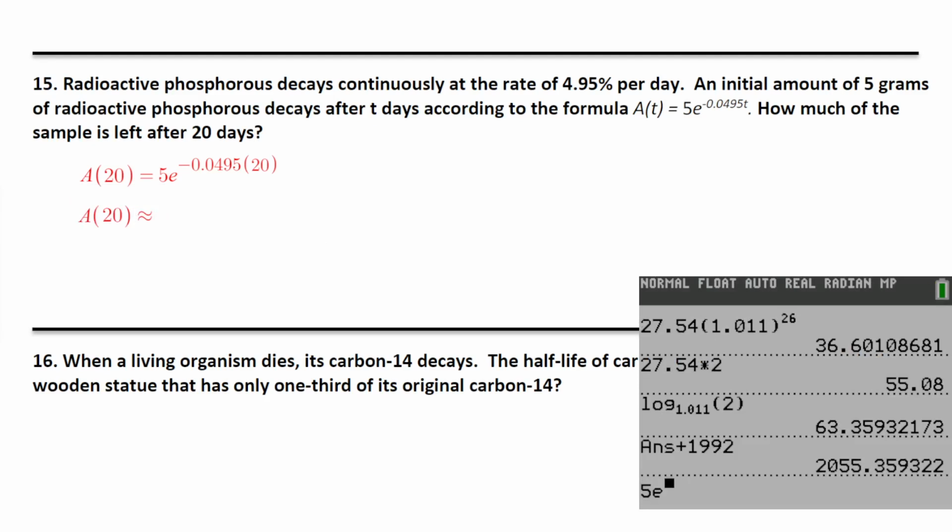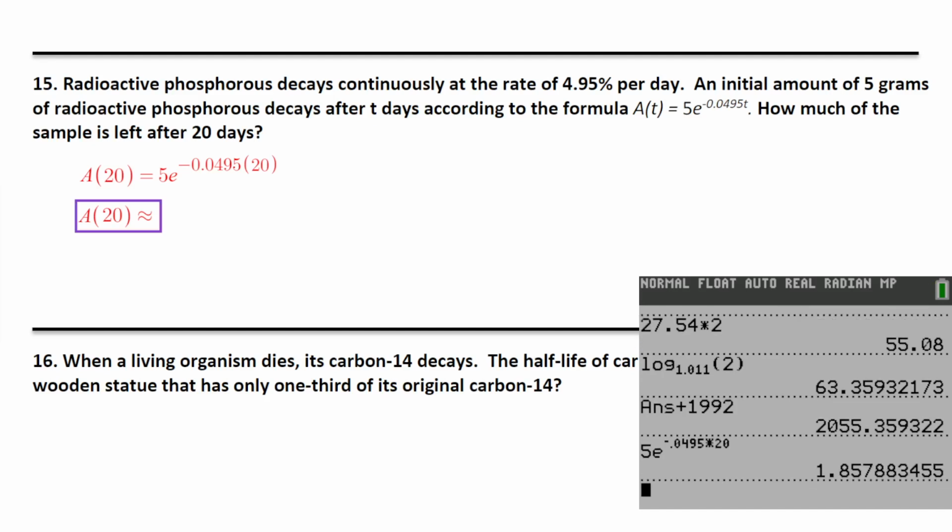So 5 times e to the power of negative 0.0495 times 20. There we go. That's really all there is to it. This one's a pretty quick one. 1.858.